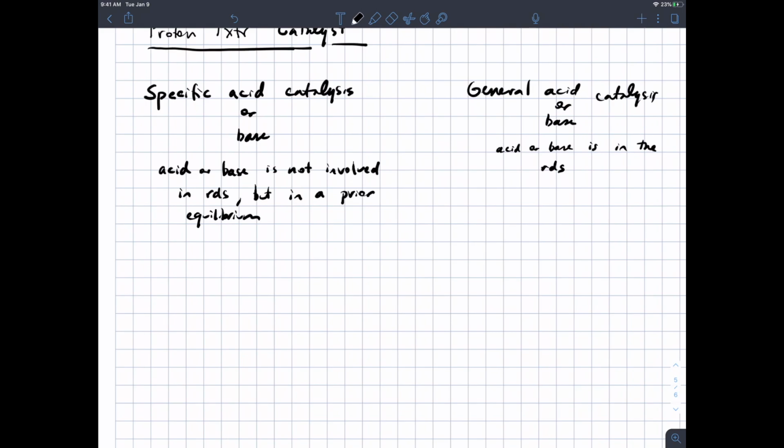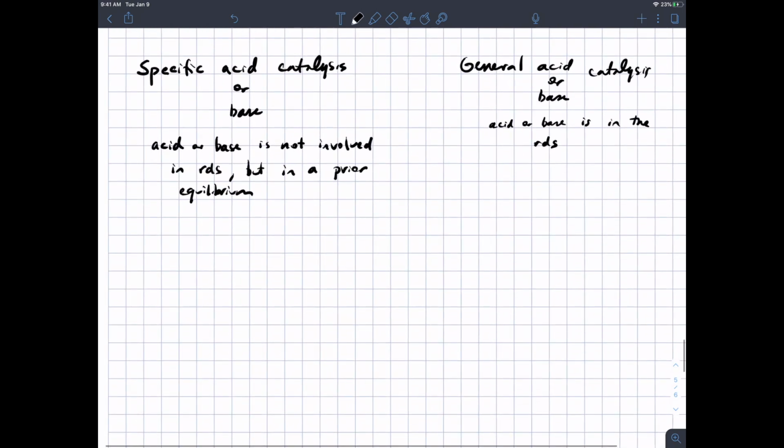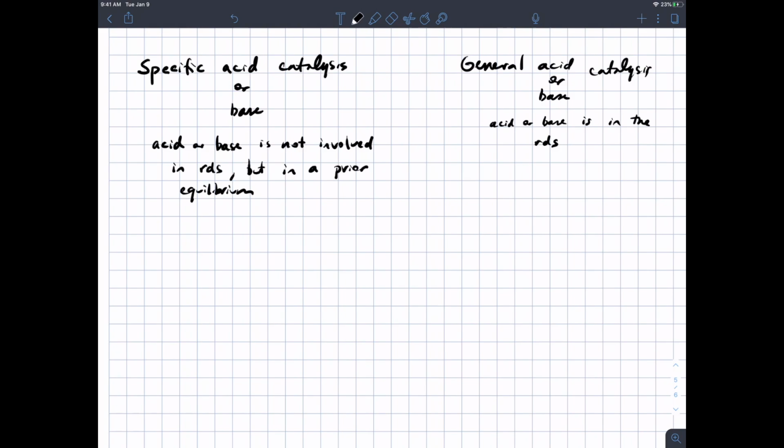That's the basic feature. Now, another element of specific acid catalysis is that it involves, surprise, the specific acid. And the specific acid is the protonated form of whatever solvent you're in. So in water, the specific acid is H3O plus.